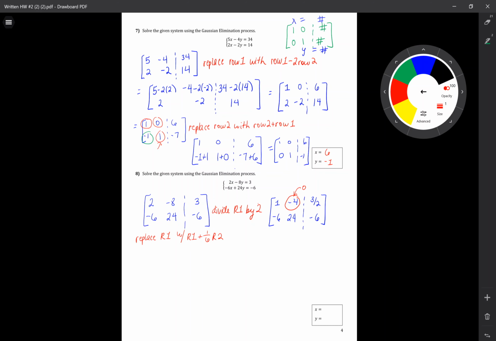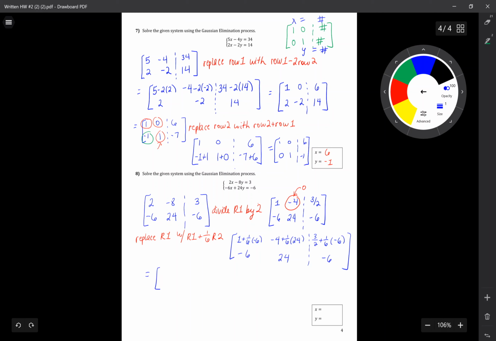Okay, so this gives me 1 plus 1/6 of -6, -4 plus 1/6 of 24, and 3/2 plus 1/6 of -6, then -6, 24, negative 6. All right, let's see what happens here.